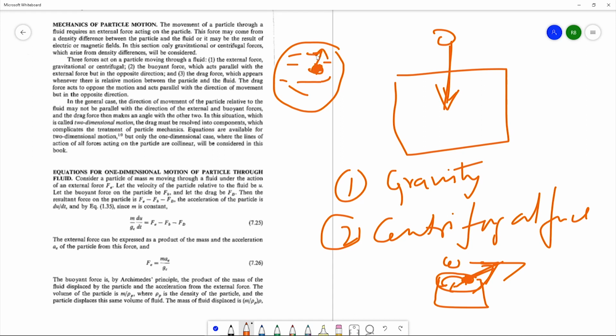Now, same as before, the particle will experience drag force in one direction and buoyant force in the opposite direction, and the particle is moving because of the centrifugal force. We call that force the external force. So we'll discuss the motion of the particle due to these two external forces, and we'll derive it.